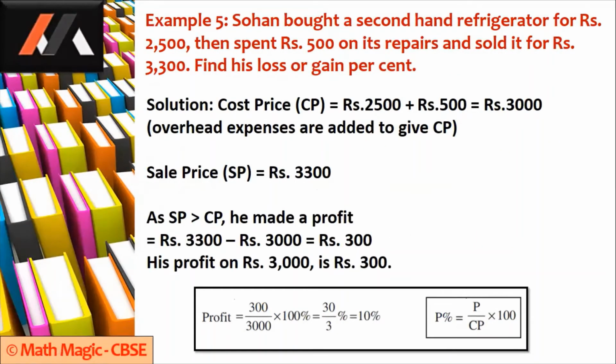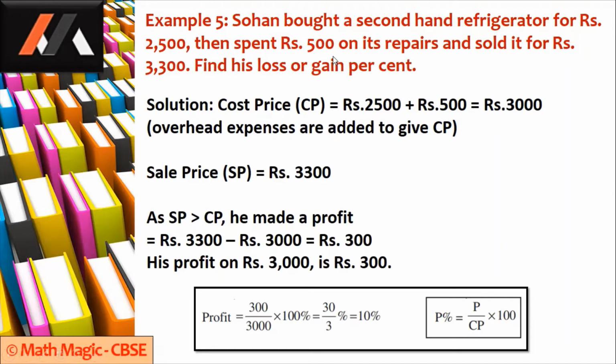Let's consider a few examples. Sohan bought a second-hand refrigerator for rupees 2,500, then spent rupees 500 on its repairs and sold it for rupees 3,300. Find his loss or gain percent. Now, Sohan bought the refrigerator for rupees 2,500. The repairing charges are rupees 500.